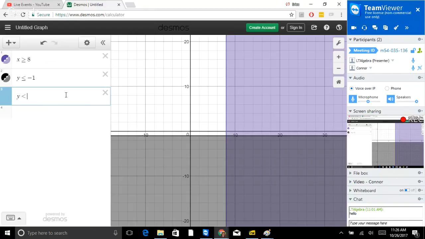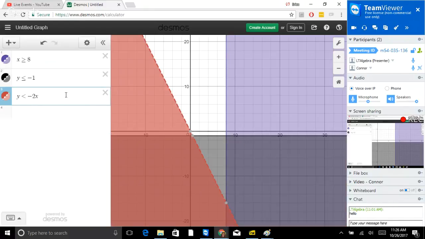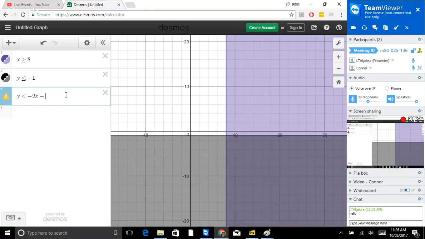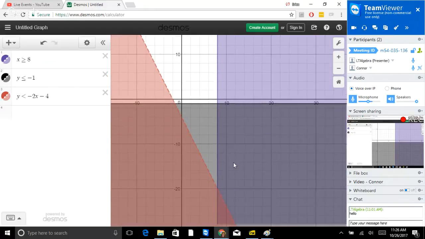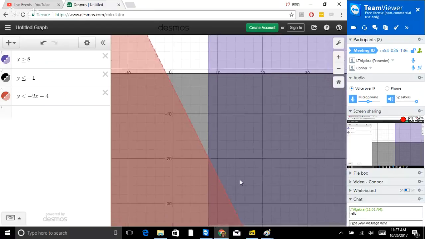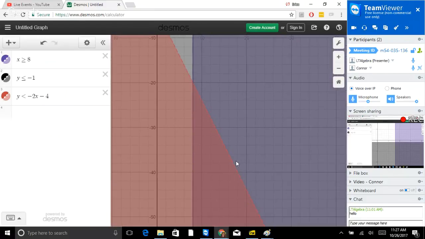Okay. So now we've got all these things going on. We got to figure out where all three of these intersect. So all three of these intersect way down here at 8, -20.